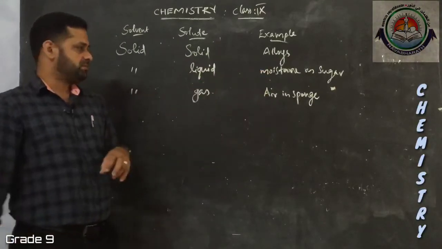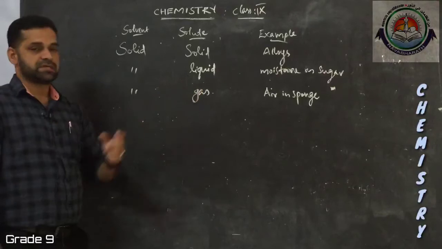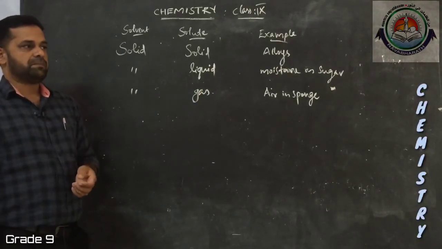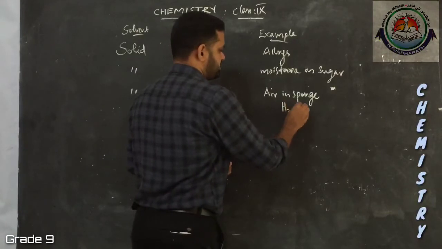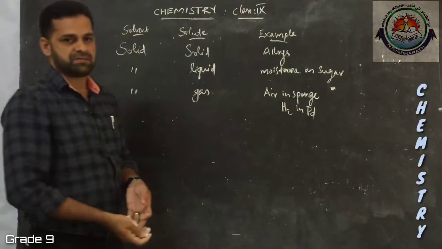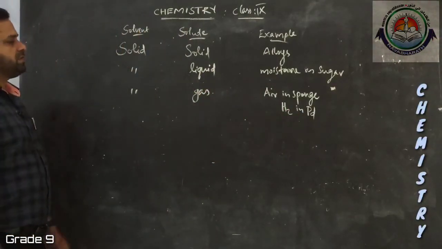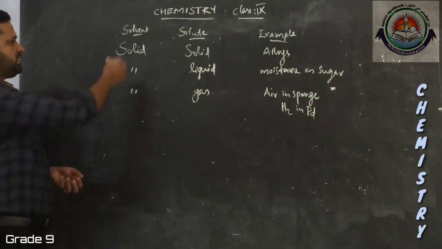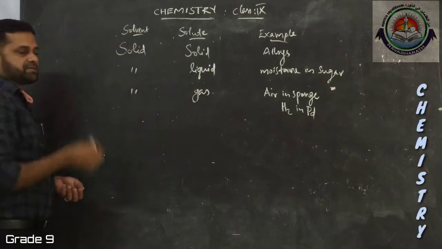So it is an example for solvent solid and solute gas. And another example is hydrogen in palladium. Pd is the symbol of palladium. So that is also an example. Here solvent is solid and solute is solid, liquid and gas.